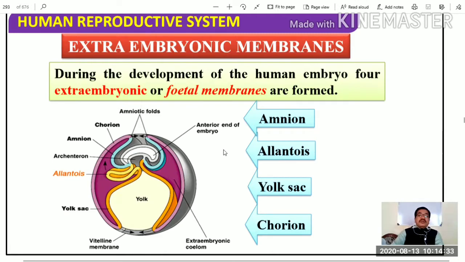Then the allantois is also developed. Then there is a yolk sac, and then there is a chorion. So all these parts will be situated here with the extra-embryonic coelom. During the development of the human embryo, 4 extra-embryonic or fetal membranes are formed. So like this, a number of fetal membranes are formed in the embryo.